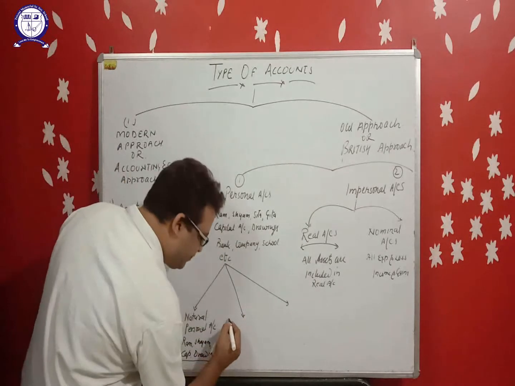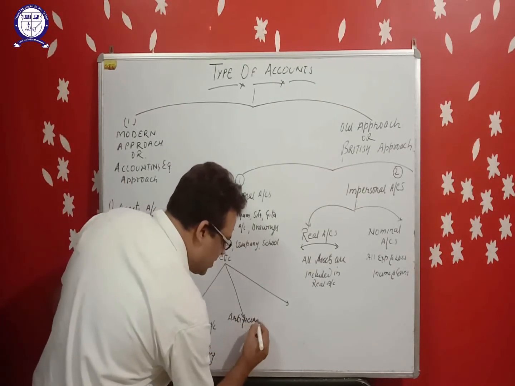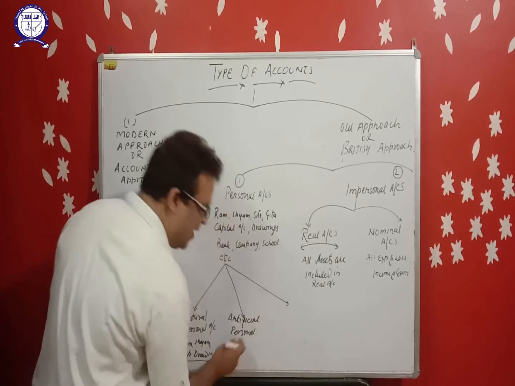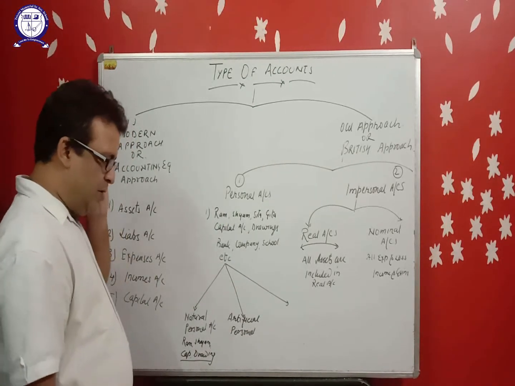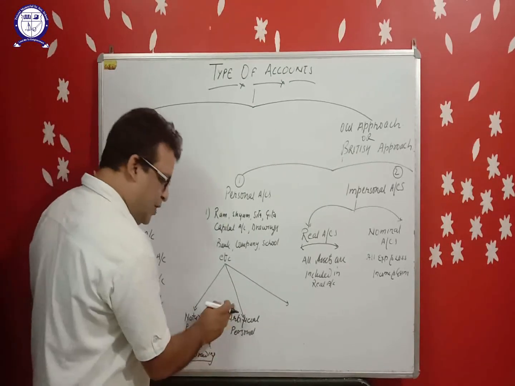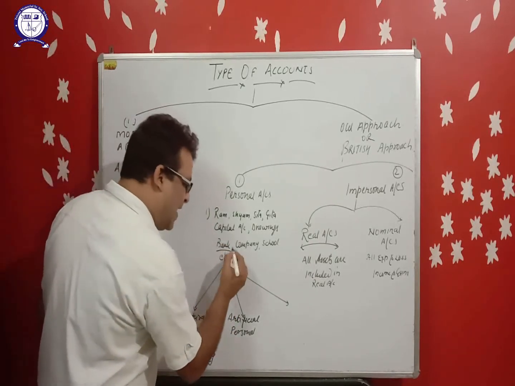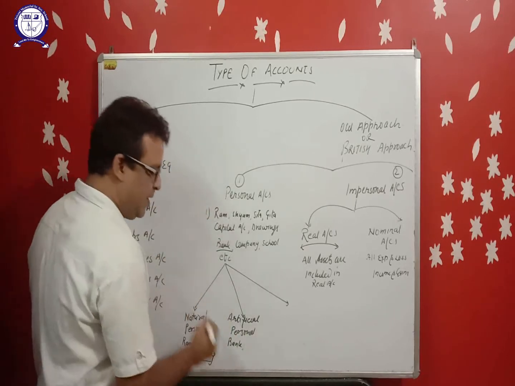Next one is artificial personal account. Artificial person means man-made person, made by man itself. For example, bank, company.